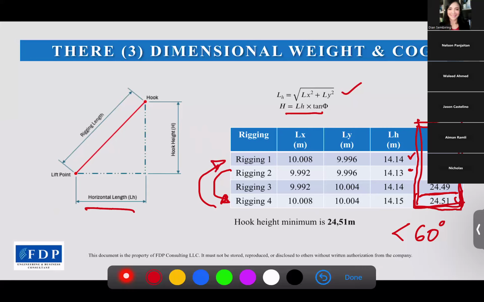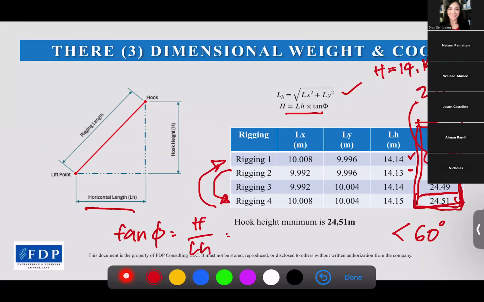For example, for rigging 1, we will change the height to 24.51 meters, then the angle will be different. 14.14, tangent equals h divided by LH.